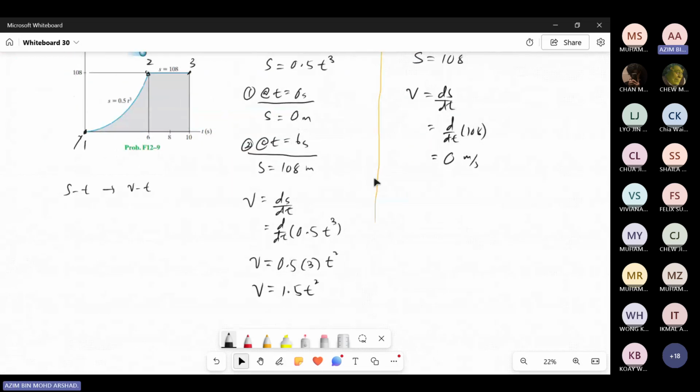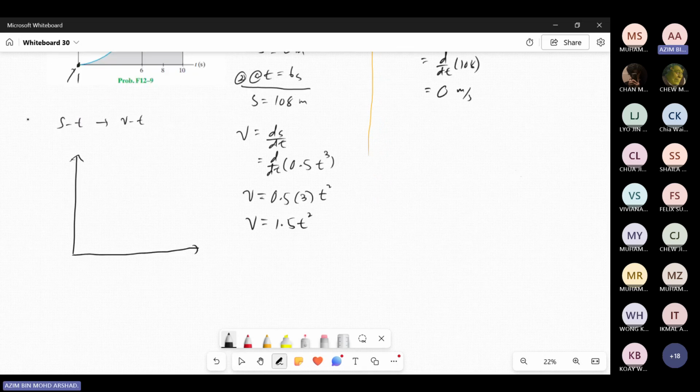So now we need to plot this. Let's plot this here. This is from 0 to 6 seconds and 6 to 10 seconds. So this is our v-t graph. From 0 to 6, we have this equation. At t equals 0 seconds, v equals 1.5 times 0 squared equals 0 meters per second, so the initial point starts here, 0.